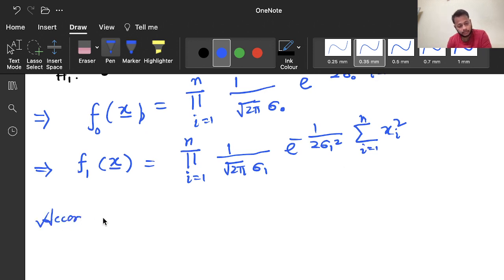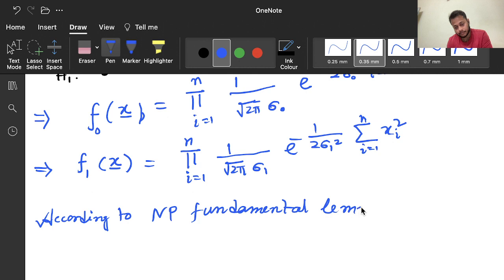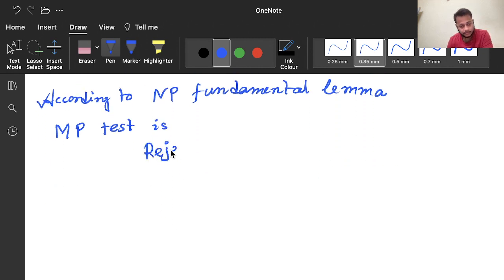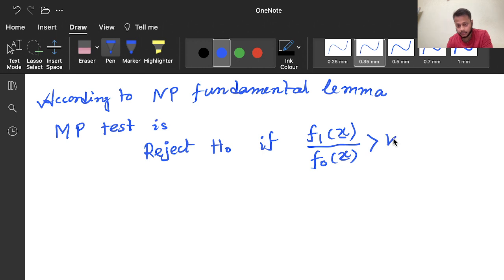According to the NP fundamental lemma, the most powerful test is to reject H0 if f1 x bar by f0 x bar is greater than k.